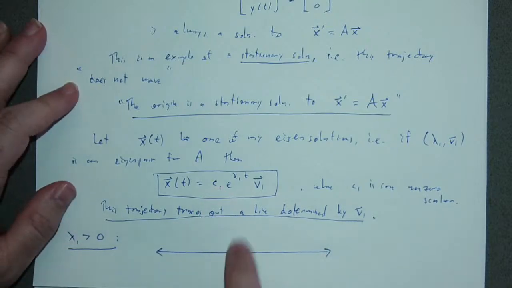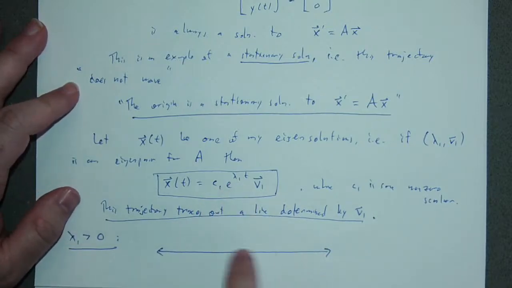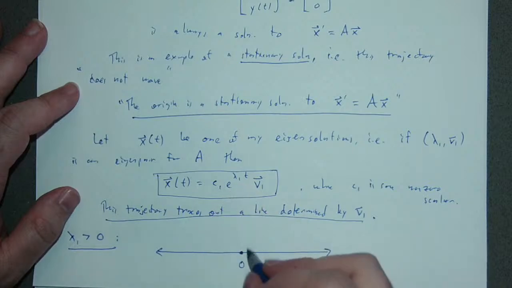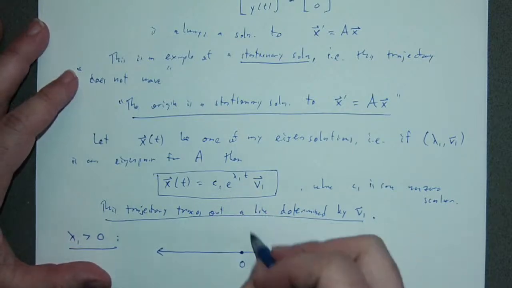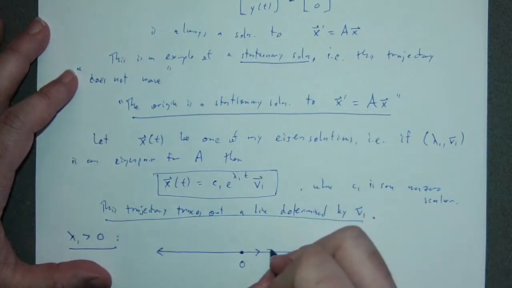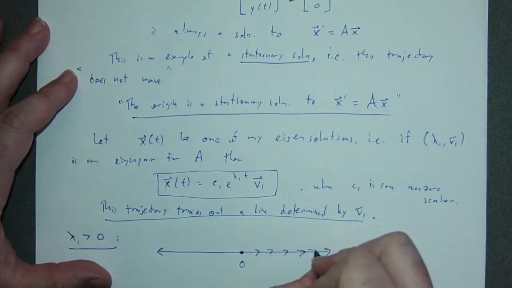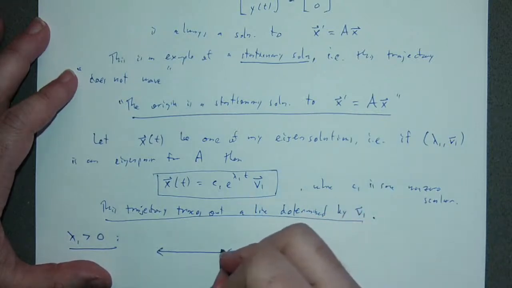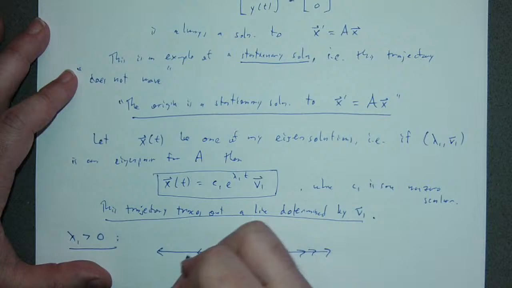So there's 0, and this is a fixed vector v1 determining this line. C1 doesn't matter here. What matters in what direction I'm going is that if lambda 1 is positive, then when t is positive, I'm going to be moving away from 0, say in this direction. When t is negative, I have motion in the opposite direction.